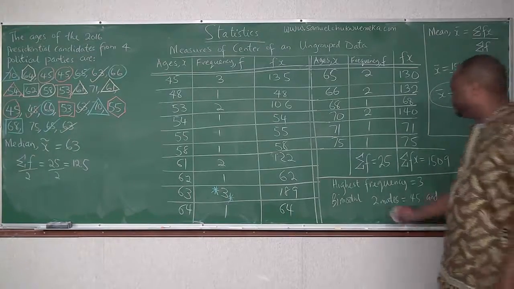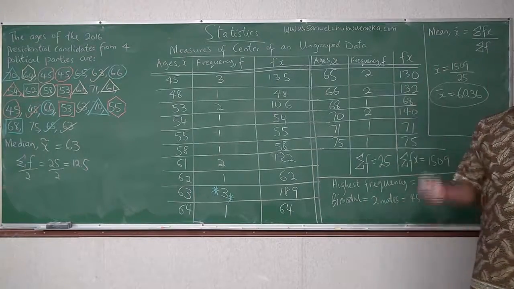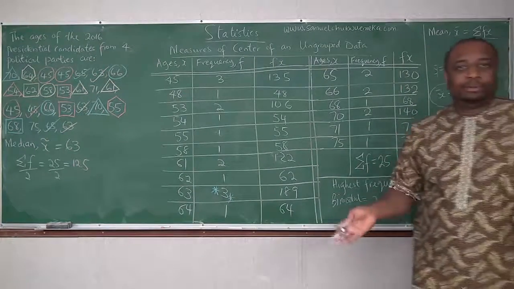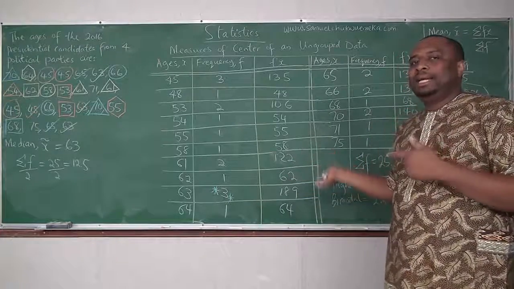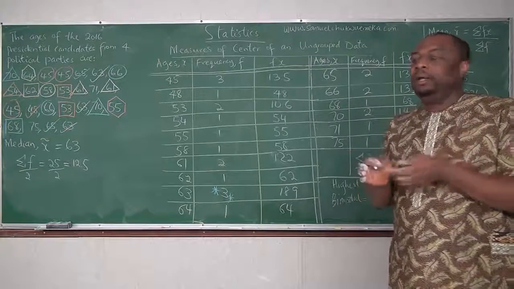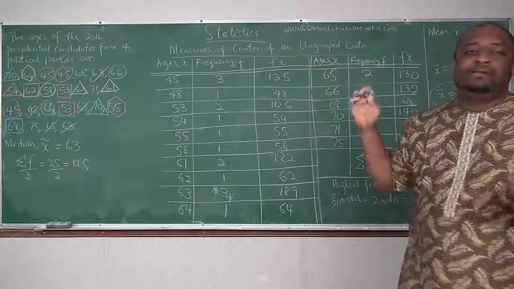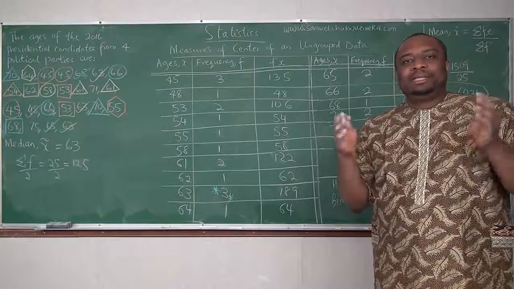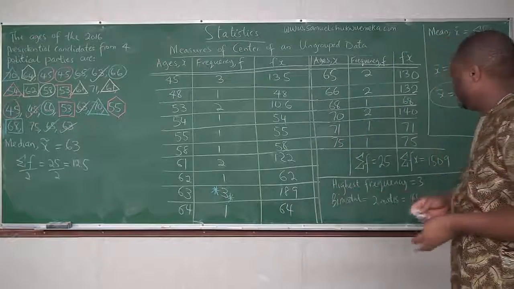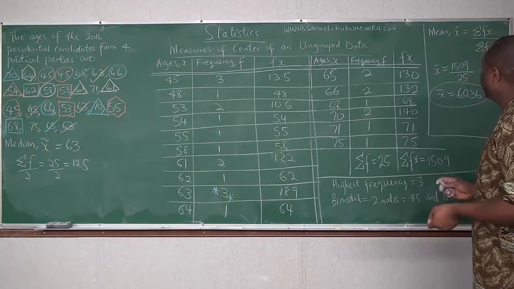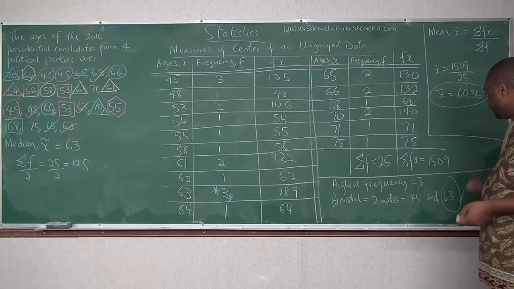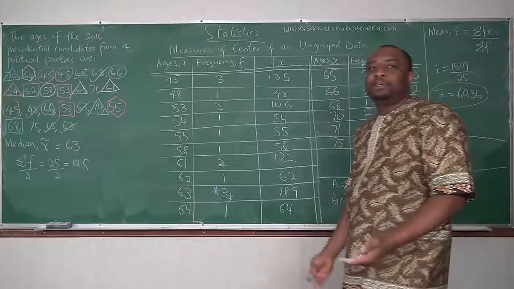They are both modes, but we want the one that tends towards the center, because that is the idea of central tendency. Looking at it, 63 tends towards the center, so we'll pick our mode to be 63. But if you write 45 also, no problem.